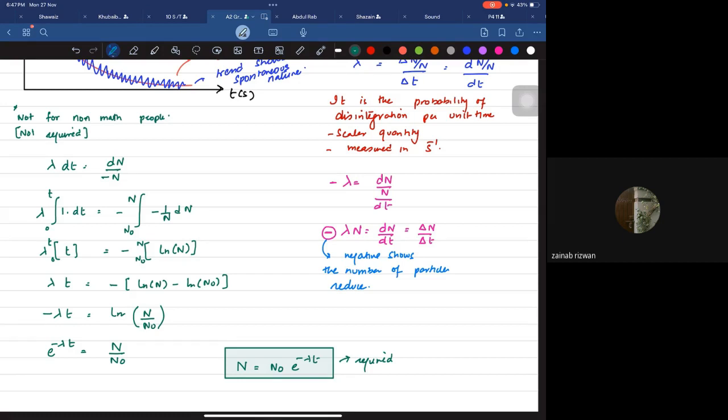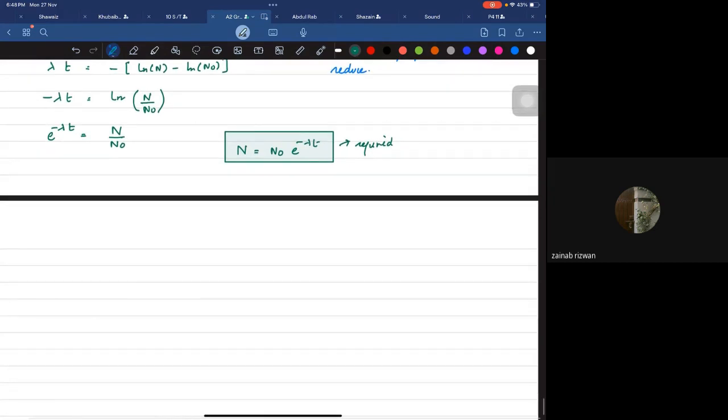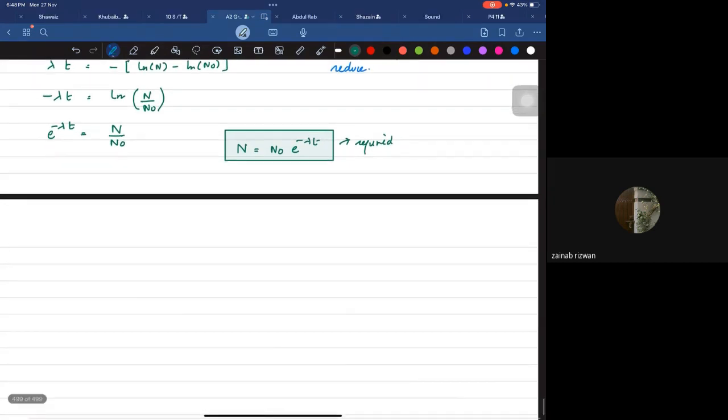All right, kids, done. Any questions here? Please let me know. Now, the next thing I want to tell you is that this formula can be shared with other stuff in this. So I'm going to write three formulas here with respect to number of particles, then with respect to activity, and then with respect to mass.